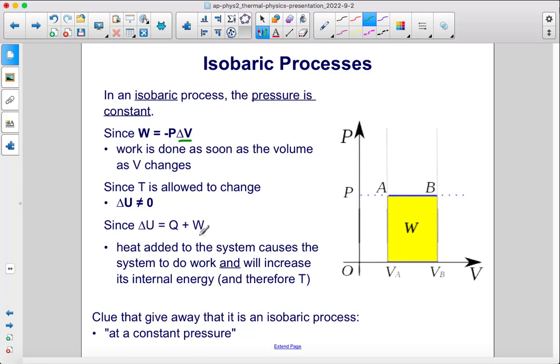So you can use the first law of thermodynamics to solve problems. Heat added to the system causes the system to do work, and it will also increase the internal energy. Clues that give away that it is an isobaric process: just the quote, at a constant pressure.